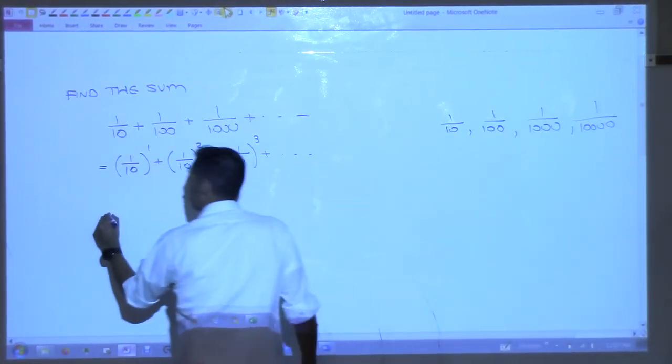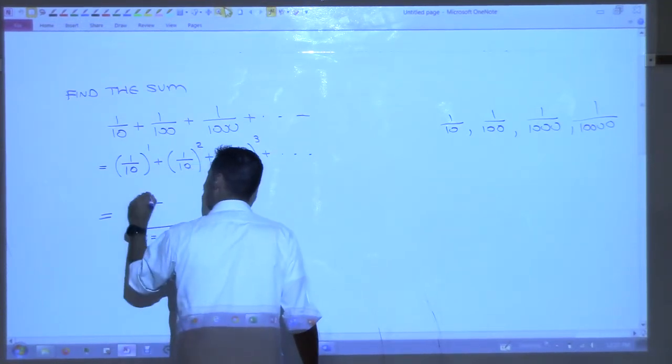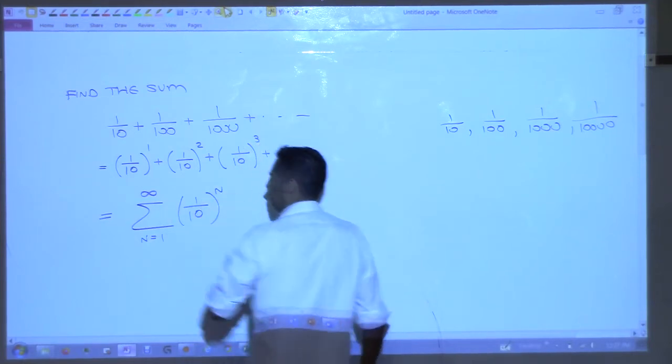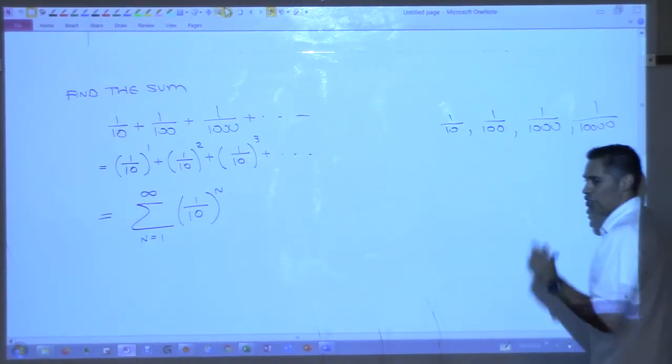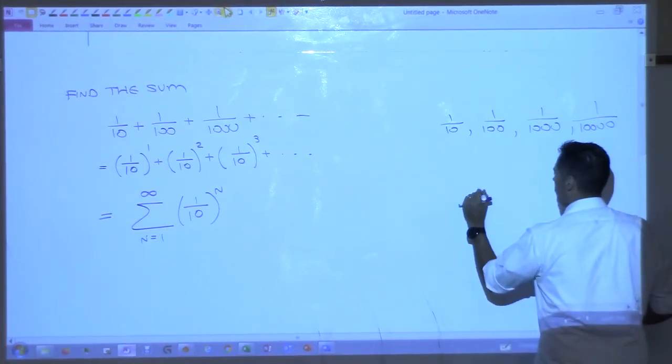1/10 to the n. So I'm going to rewrite this as the sum n equals 1 to infinity of 1/10 to the n. Follow? Yes? Now, geometric series look like this. Super critical here.